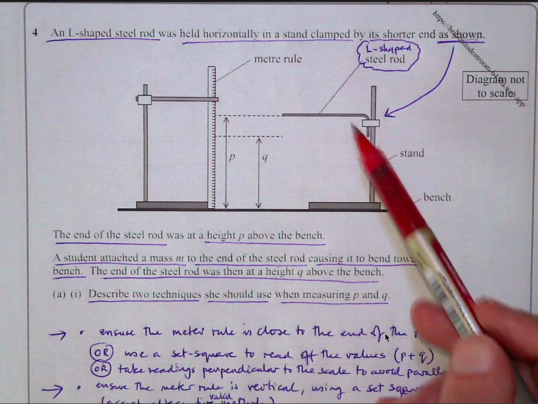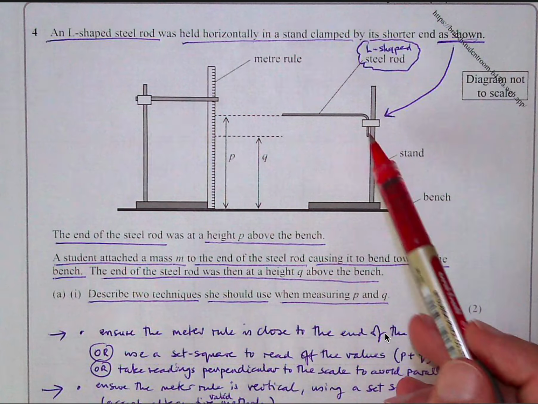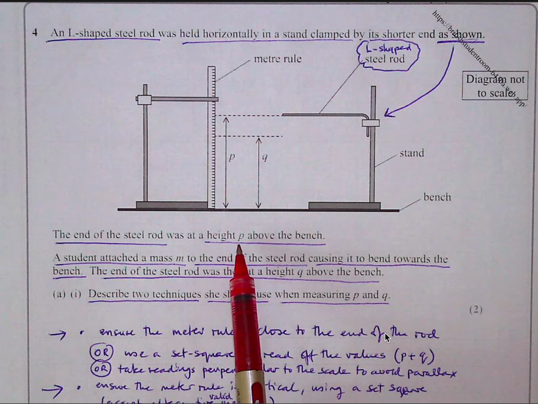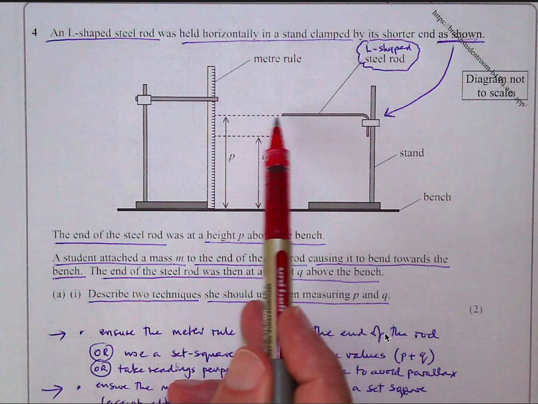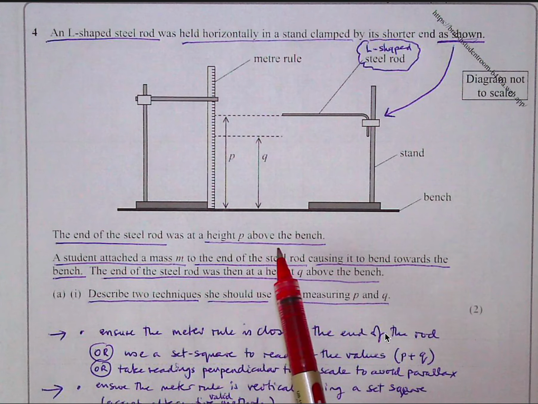Okay, so they've got 2 clamps down, one holding the ruler and one holding the steel rod which we're investigating. It says the end of the steel rod was at a height P, see the dotted line to show that you're measuring against the ruler, above the bench.